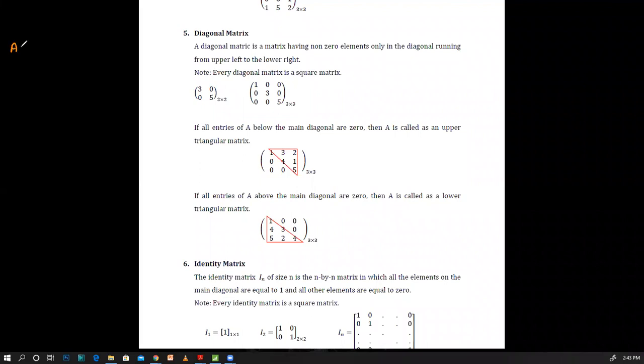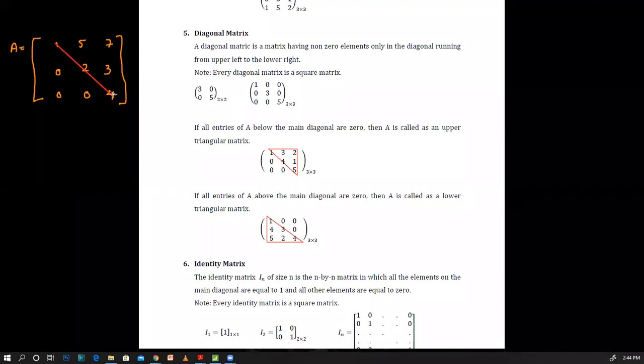Now think about having a matrix in this form. If you draw the main diagonal of this matrix, you may get it in this form.